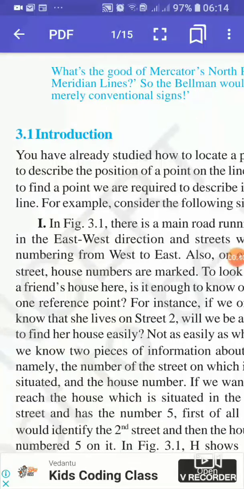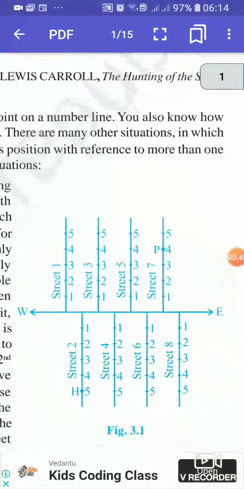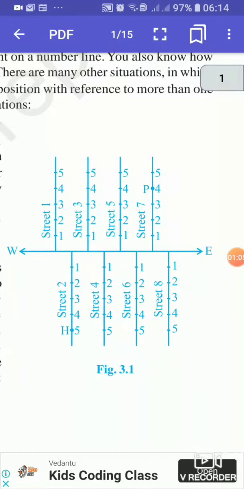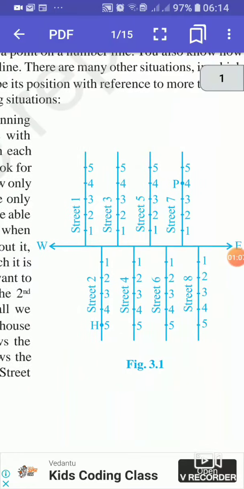Situation number one: in figure 3.1 you can see east, west, street 1, street 3, street 5, street 7, street 2, street 4, street 6, street 8, right?